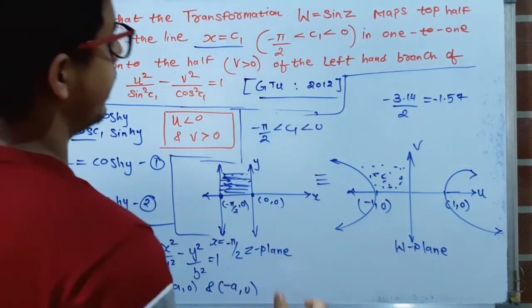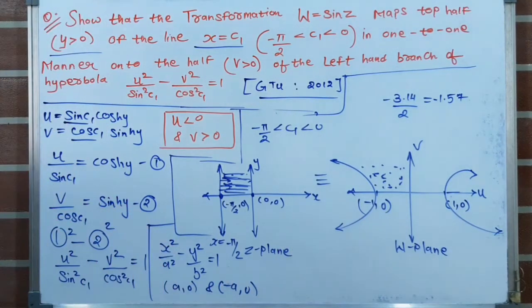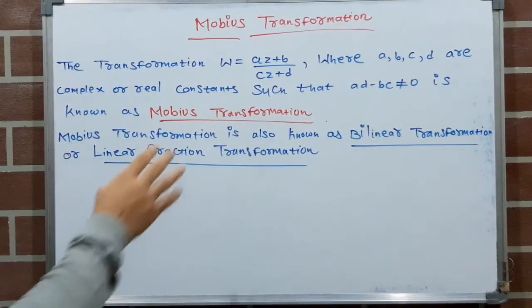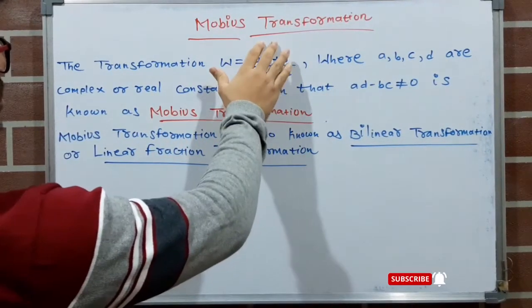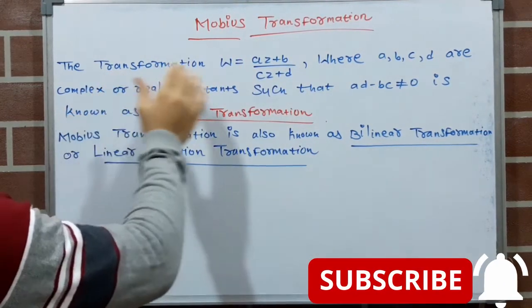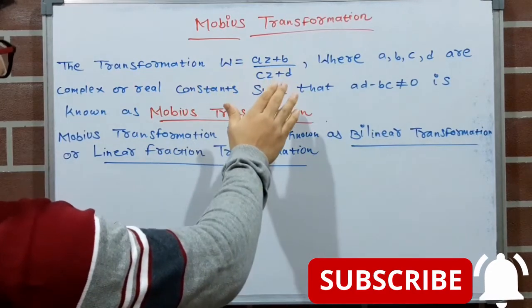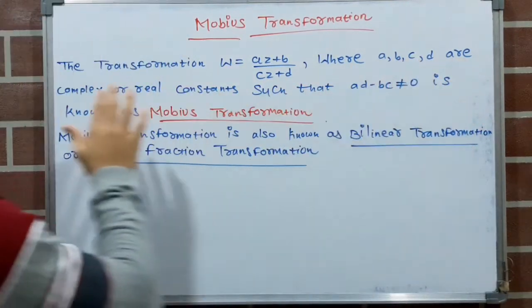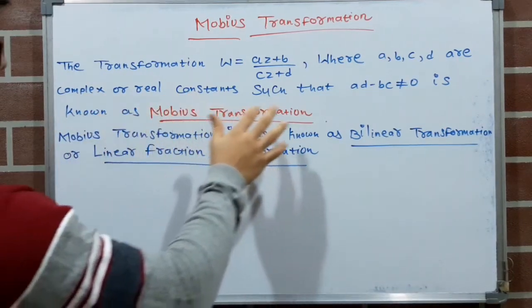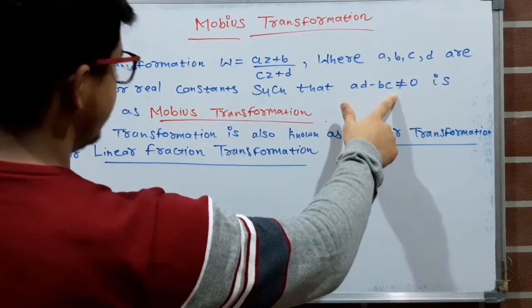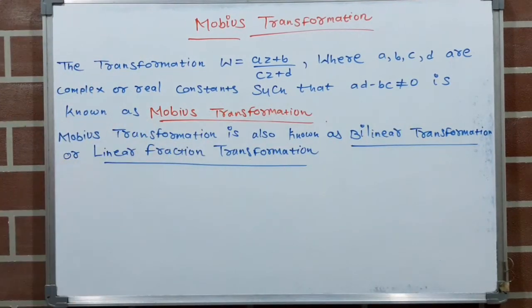Now we will move towards our today's topic, that is bilinear transformation or Mobius transformation. The transformation w is equal to az plus b upon cz plus d, where a, b, c and d are complex or real constants such that ad minus bc is not equal to 0, is known as Mobius transformation.